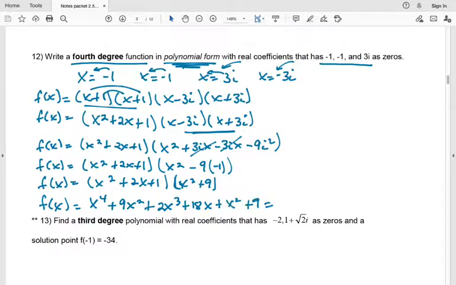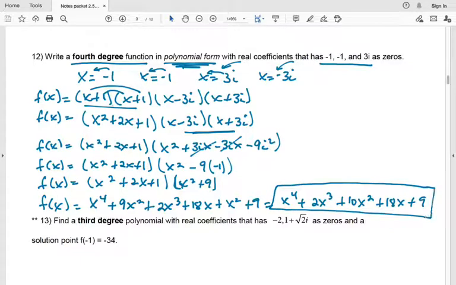And then that simplifies to be, combining like terms, x to the 4th plus 2x cubed plus 10x squared plus 18x plus 9. And that is our polynomial form, I really should say, equals f of x for that function. All right, let's do another one.